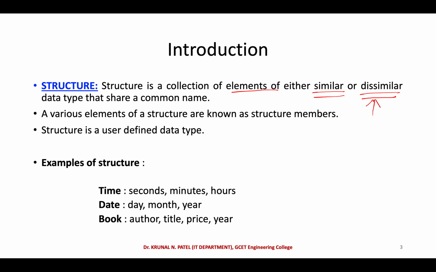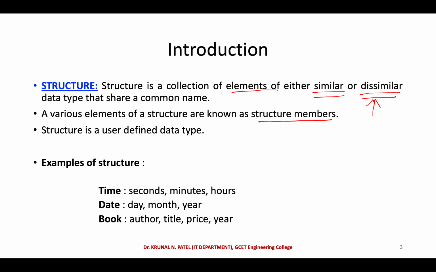Okay, here the various elements, whatever elements you are going to store in a structure, later on we are going to see what is the basic structure of a structure, right? So the various elements of a structure you can store in it are known as the structure elements, or you can say the structure members, right?